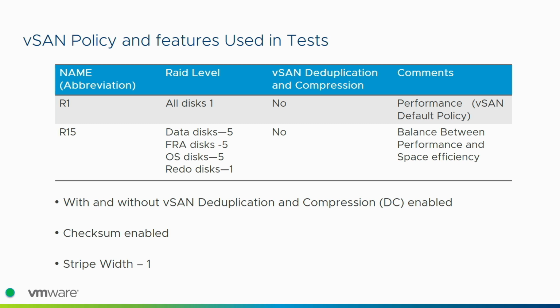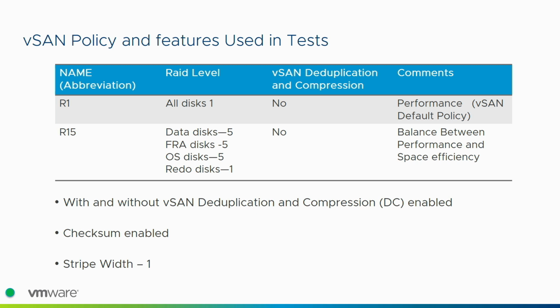So the first configuration I mention here is R1. Basically, we have all the VMDKs configured using the default storage policy, which is just a two-way mirror with checksum enabled, and which can bring you high performance to all the disks, including operating system, data, as well as the redo logs. The second one I call R15.